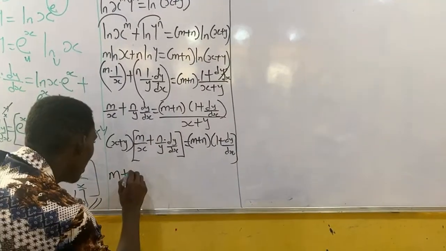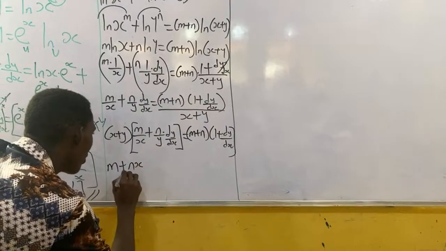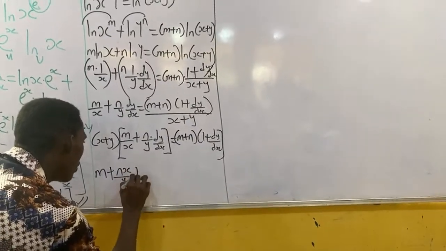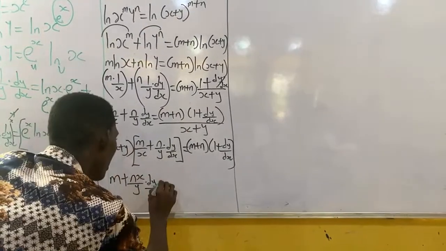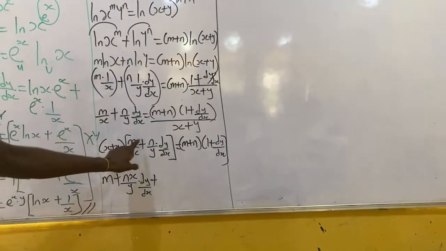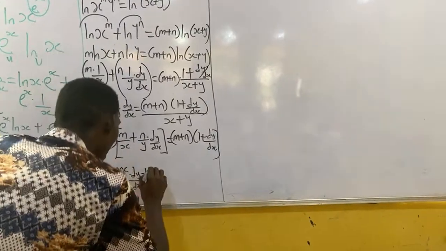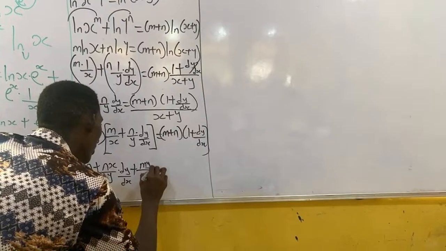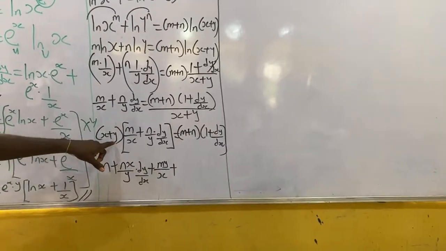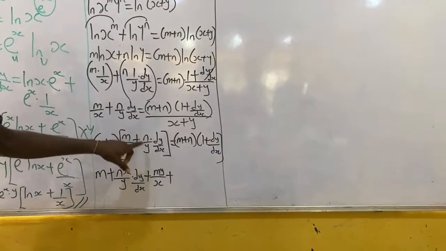It will give us nx over y dot dy over dx. Plus, now we are moving to the y times m over x will give us my over x, plus y times n over y.